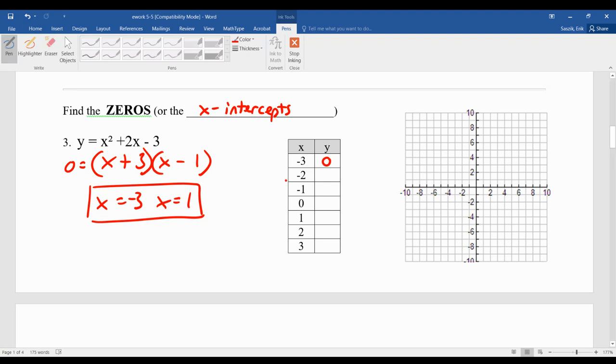If I plugged in -2 here, remember, use parentheses because you're squaring the entire -2. So that would be 4 minus 4, because 2 times -2 is -4. 4 minus 4 is 0. 0 minus 3 is -3. So I can do this for every one.